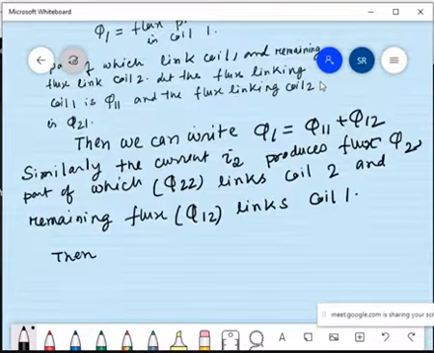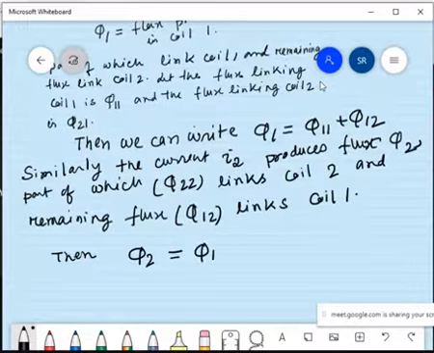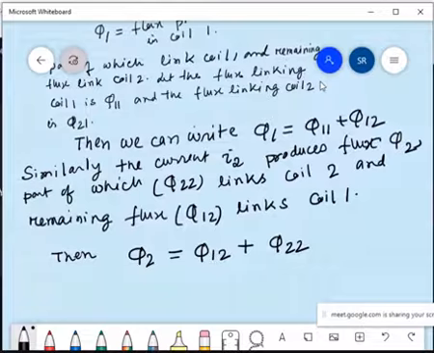Then phi 2, that is flux produced by I2, is equal to phi 1 2 plus phi 2 2. That is, this flux is due to current I2 that links coil 1. This is for coil 1 and this is for coil 2.